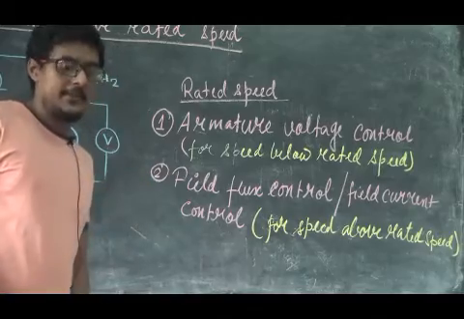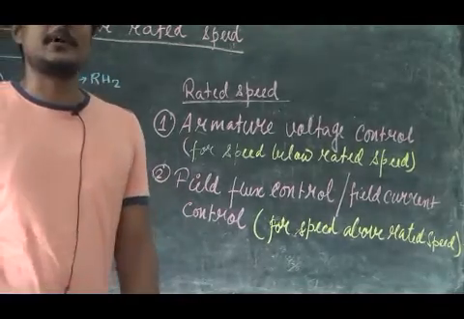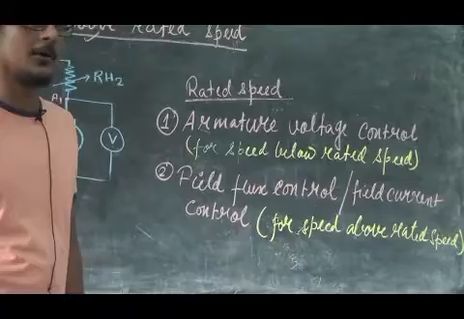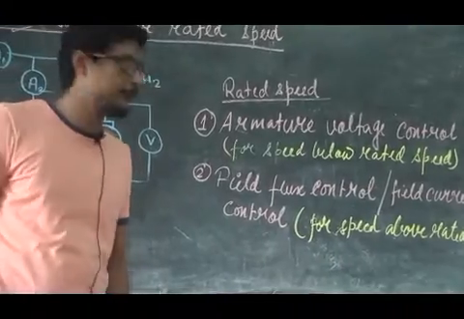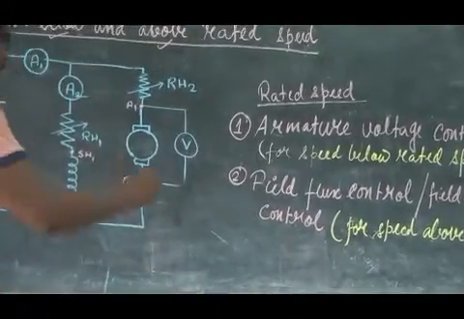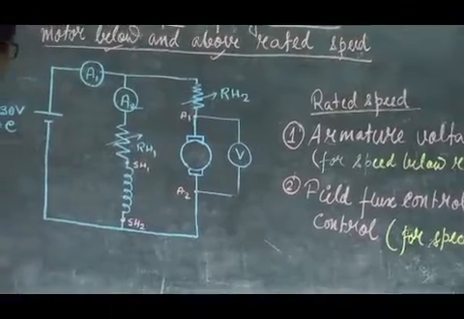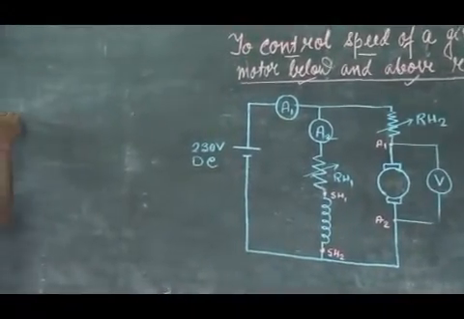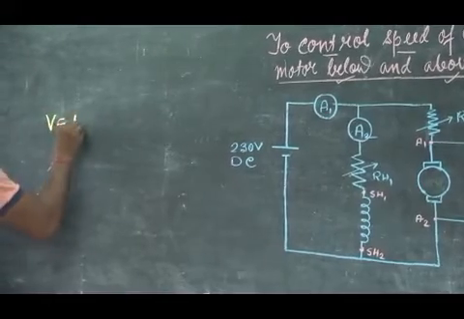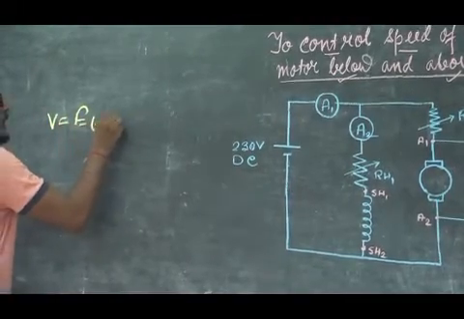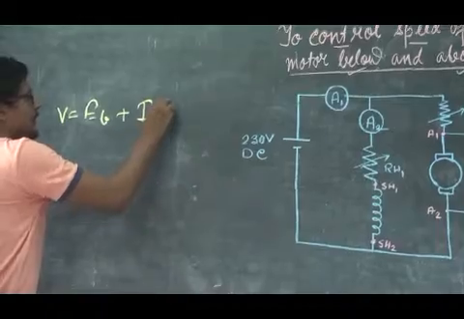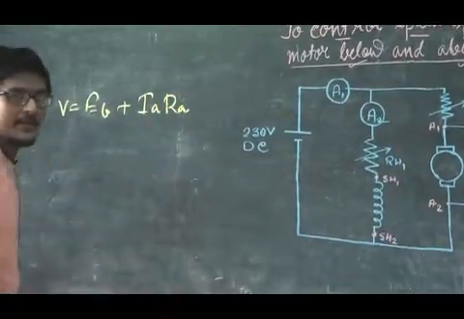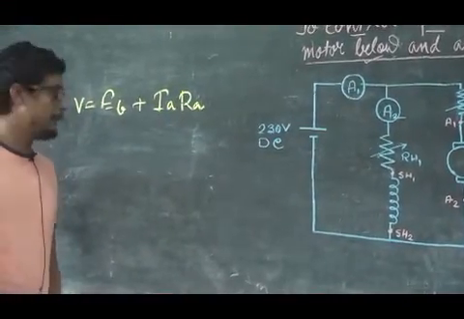We shall be briefly discussing once again how this is achieved, as we have already discussed it in the class, so we will not be going into too much detail. For the first method, the theory is: the voltage equation for a motor is V equals EB plus IA RA, where the terms have their usual meanings.